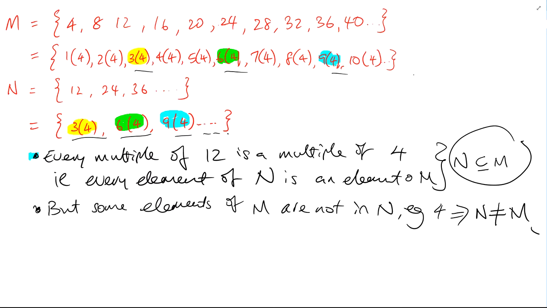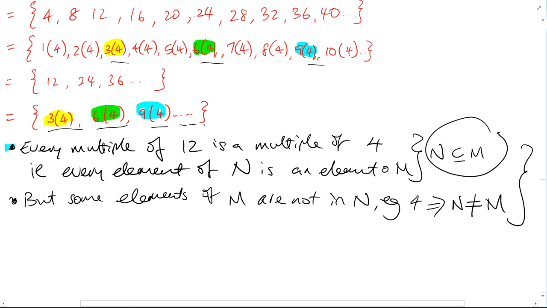by using one example. One element is sufficient to prove that it is not equal already. Otherwise, if you just write the first point, you are telling me that n is a subset of m. You're not telling me it is a proper subset yet.